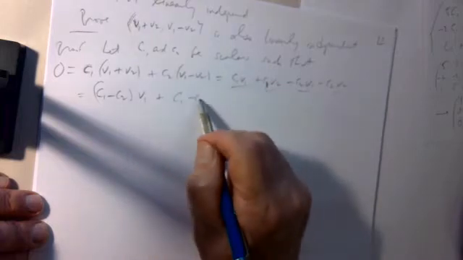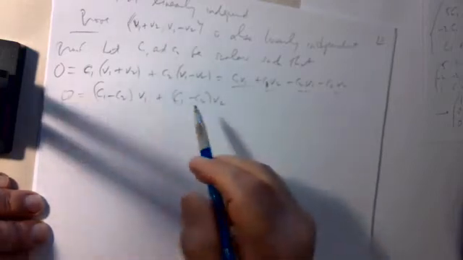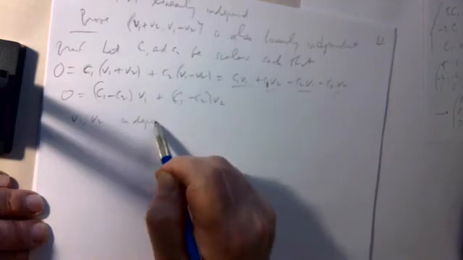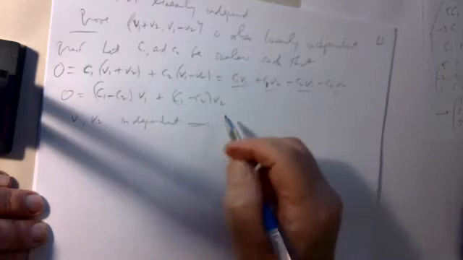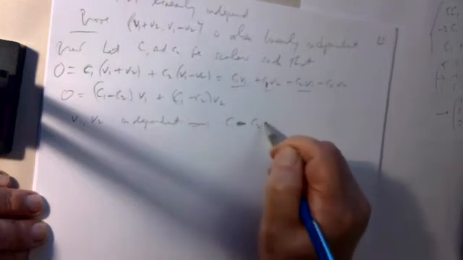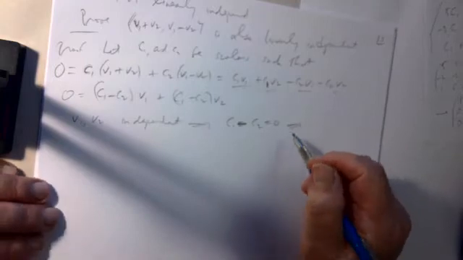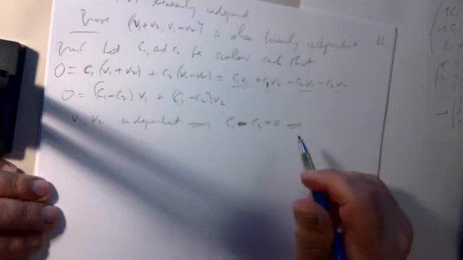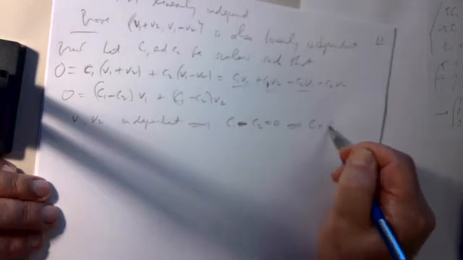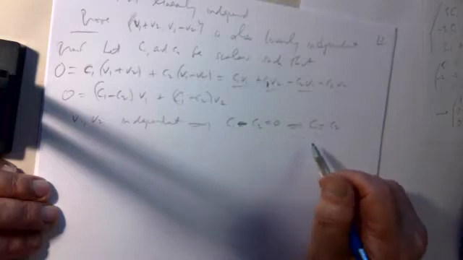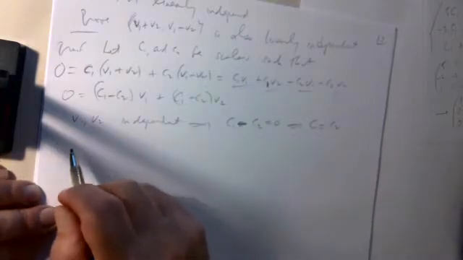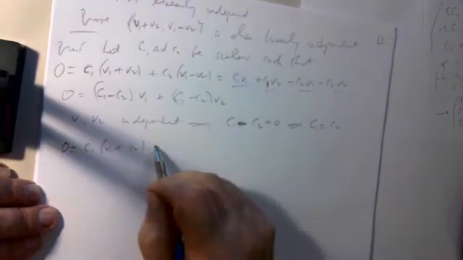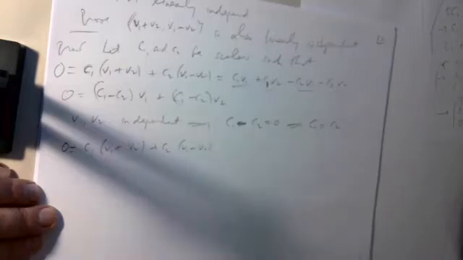plus (C1 minus C2) V2, that equals 0, but V1, V2 linearly independent means these coefficients have to be 0, which means, let's see, C1 equals C2. And if you let C1 equal C2, then I have 0, which is C1 (V1 plus V2) plus C2 (V1 minus V2).